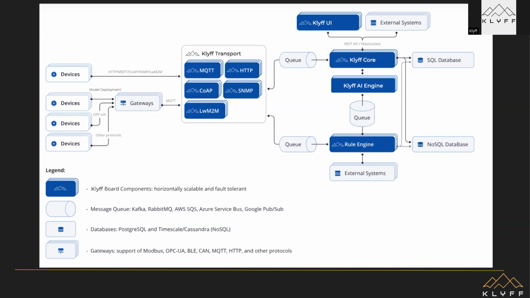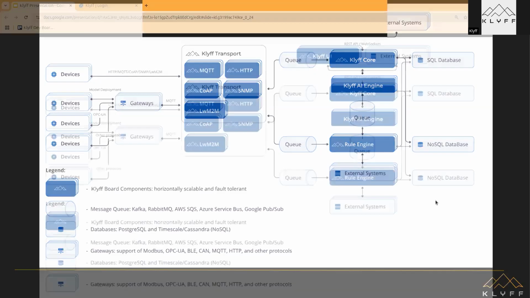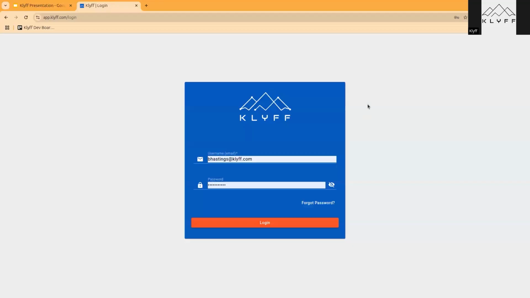Now, that said, we have given a brief introduction about Klyff. Let us quickly go into a demo of the Klyff platform. Here we are logging in with one of the tenants on the Klyff platform.